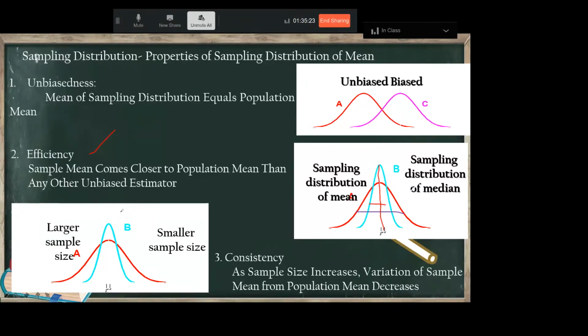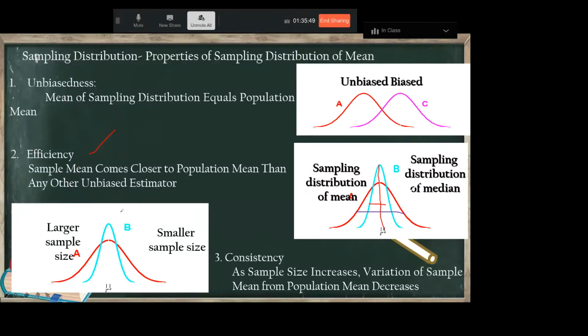Third thing is about consistency, right? Similarly, the sampling distribution of the mean is more consistent because it consistently provides the solution against the population parameter as the sample size increases. What does that mean?